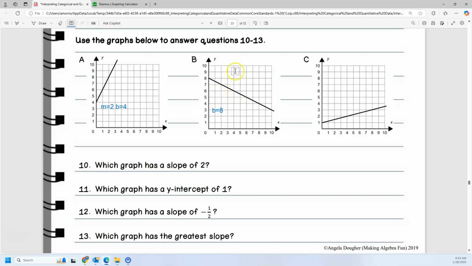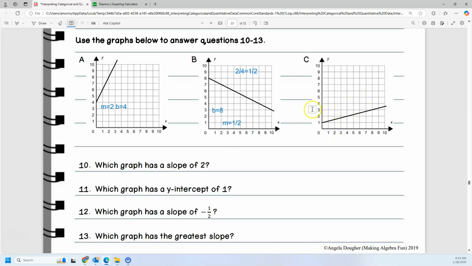Oh, but 2 over 4? That reduces to 1 over 2, so maybe I missed something. So this is going down 1 over 2, down 1 over 2, down 1 over 2, okay? So this one, the slope is 1/2.